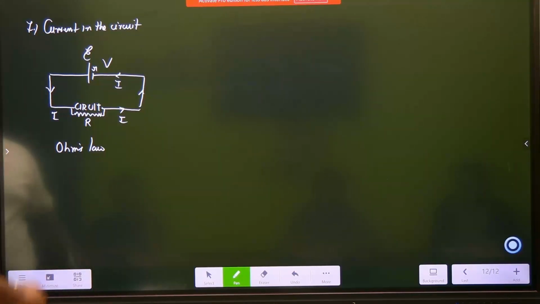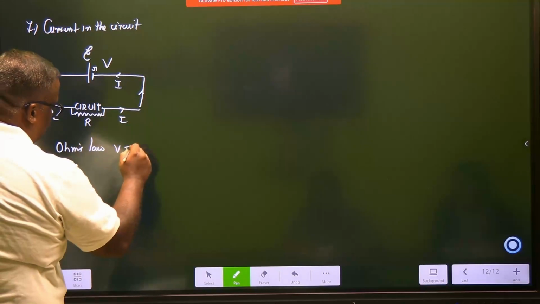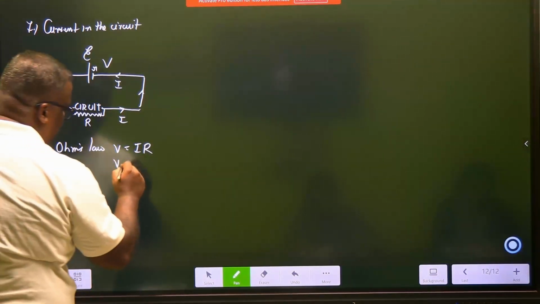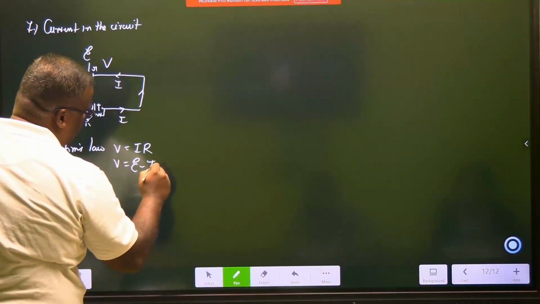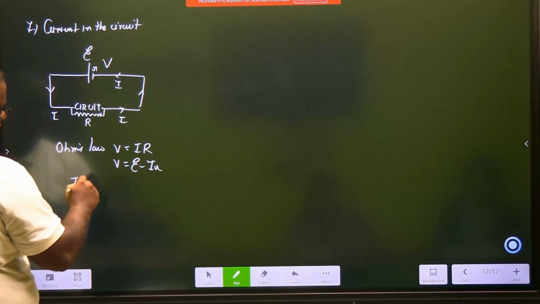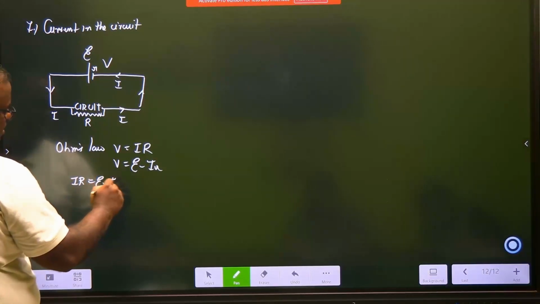So Ohm's law tells me what? Ohm's law tells me V is equal to IR, and V is also equal to E minus Ir. So I can write IR is equal to E minus Ir.